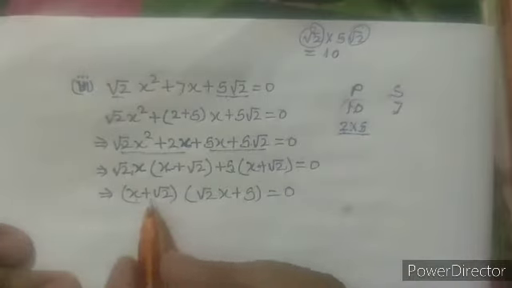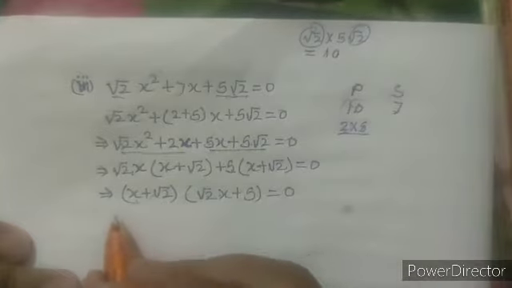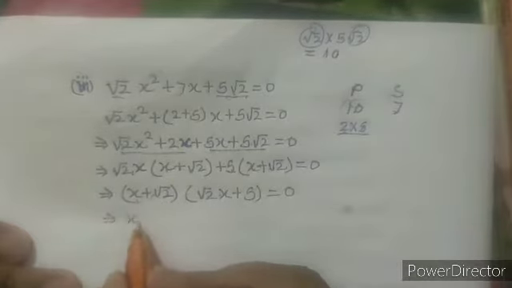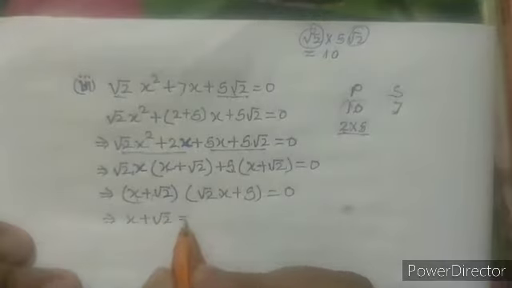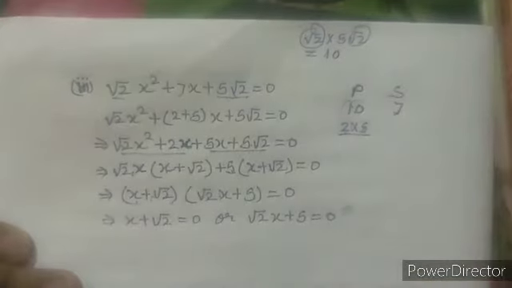Now from this, if the multiple of two numbers is equal to 0, then either of these numbers will be equal to 0. That means we can say that either x plus root 2 is equal to 0 or root 2x plus 5 is equal to 0.